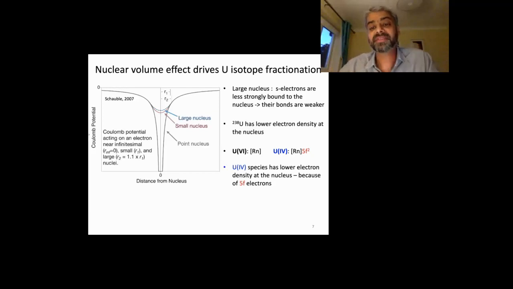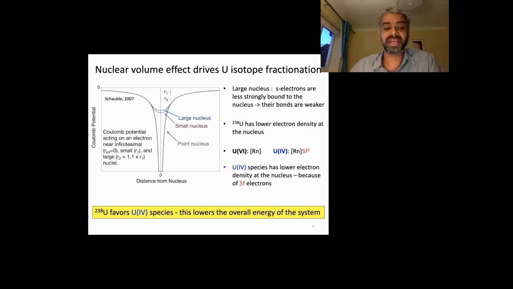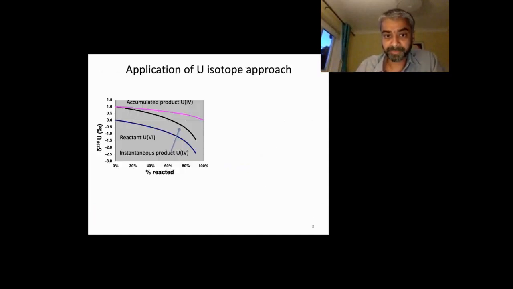So what this translates to is uranium-4 has the right space to accommodate 238, and that lowers the overall energy of the system. That's why 238 is favored in uranium-4 species during a reduction reaction. So this is a nuclear volume driven equilibrium isotopic fractionation.